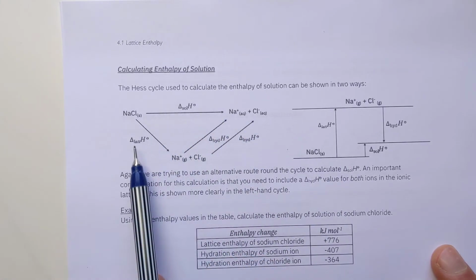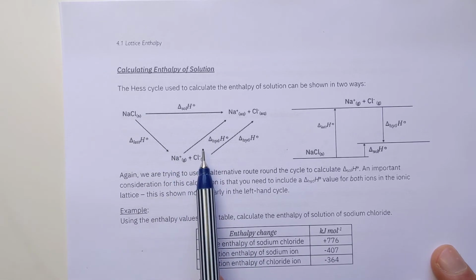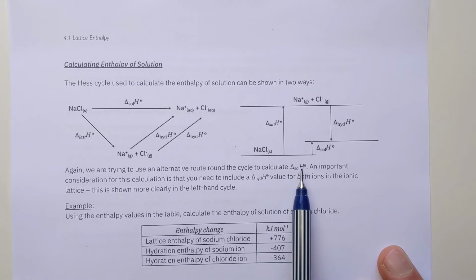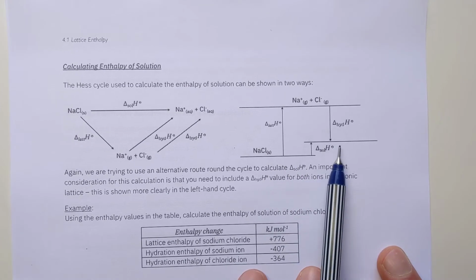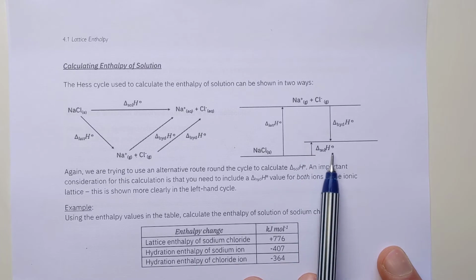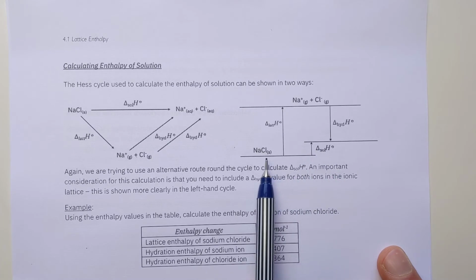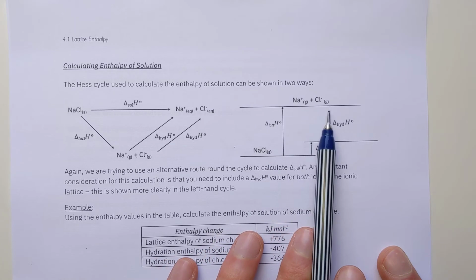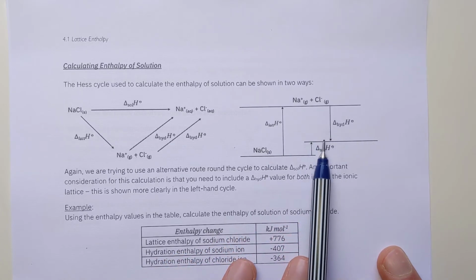You have kind of got an option here though. What I showed you is the more traditional Hess cycle triangle format. You might also see this more Born-Haber cycle looking diagram. It is actually showing you exactly the same information. This is the enthalpy of solution value you're trying to calculate. You go via the lattice enthalpy first to break apart into ions in the gas phase, and then you hydrate those ions.